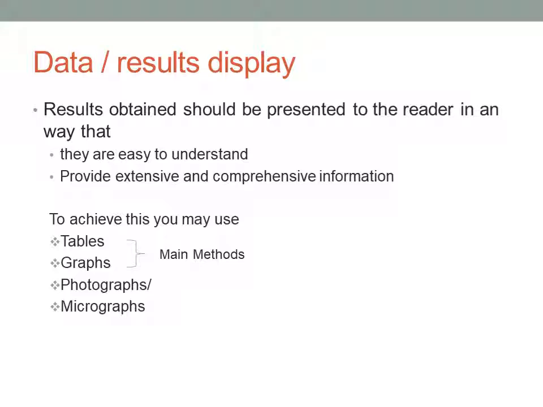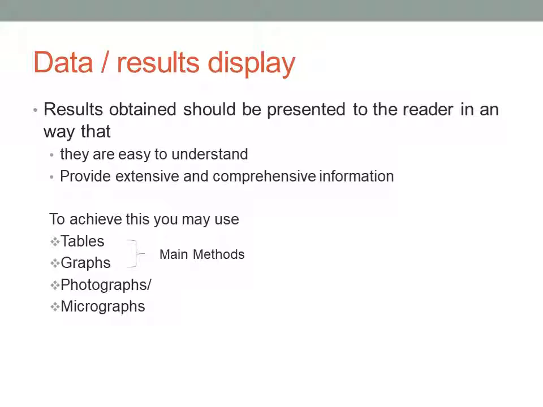In order to display your results or data, you can make use of tables, and you can make use of graphs. These are the two main data display methods used for scientific writing, either tables or graphical format.